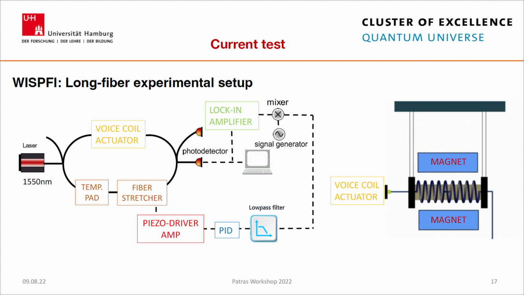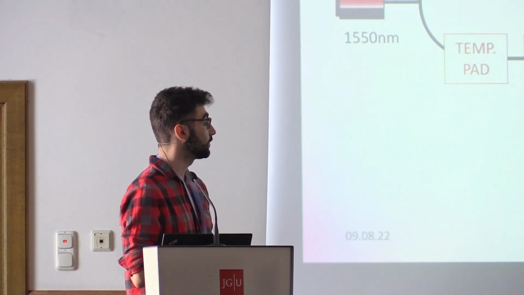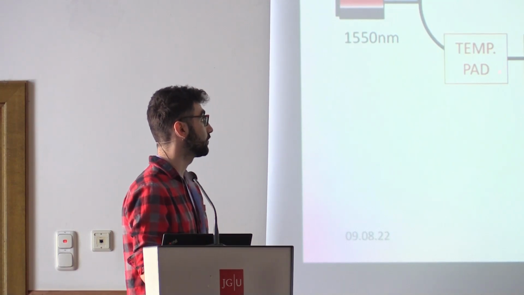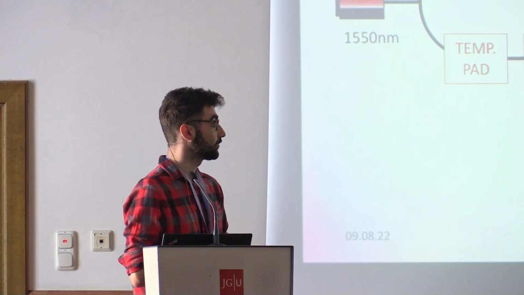This is the fiber coil through the bore of the magnet, and before that we will have a voice coil for moving the fiber back and forth and then trying to modulate the magnetic field, since our magnetic field is basically static. And in the other arm, apart from the fiber stretcher, we have a temperature controller just to counterbalance the thermal shift that can occur.